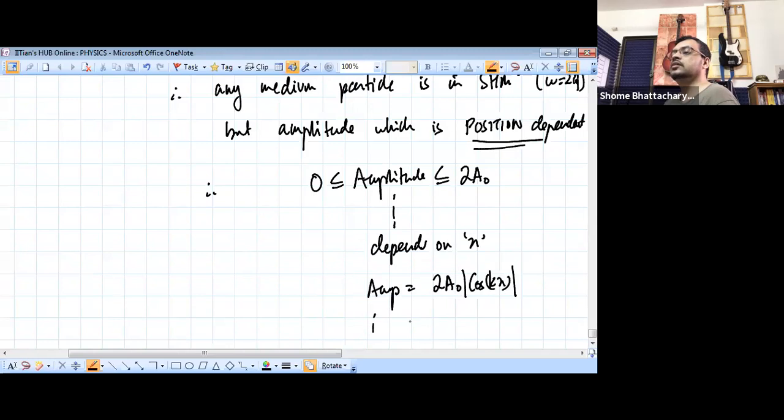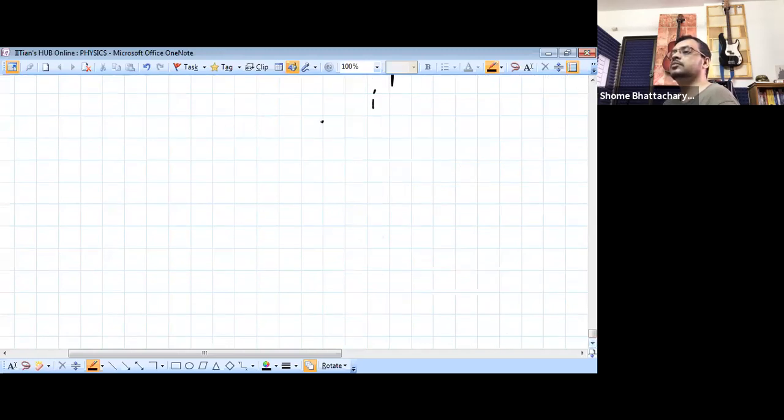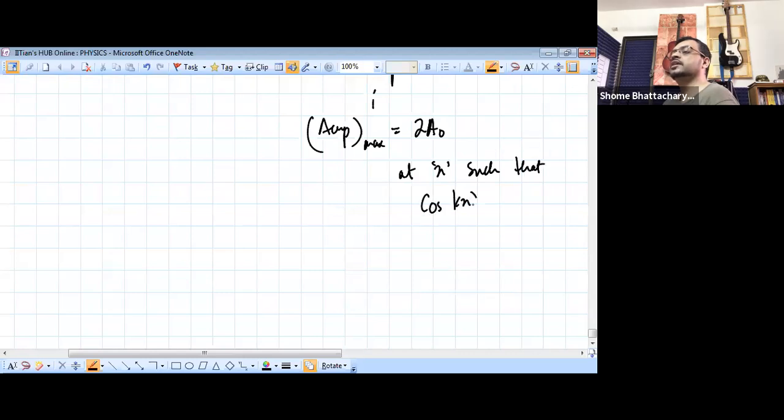Therefore you can see that the amplitude is maximum, equal to 2a naught, at x such that cos kx mod is 1, or cos kx is plus minus 1.